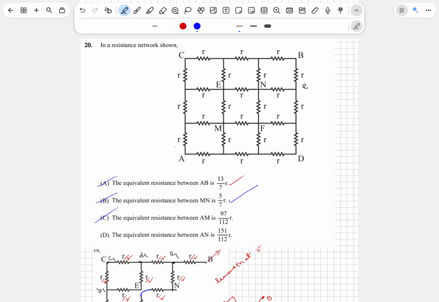How? Now you will say, okay, fine. How to do this in general? So tell me, A to M. What to do?